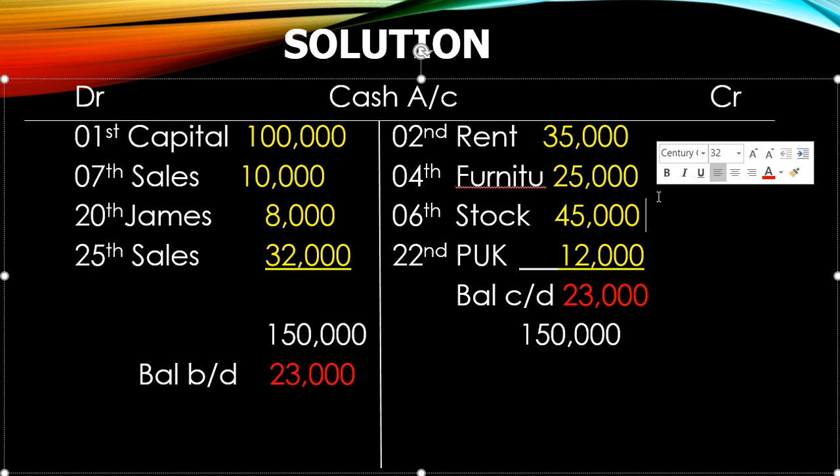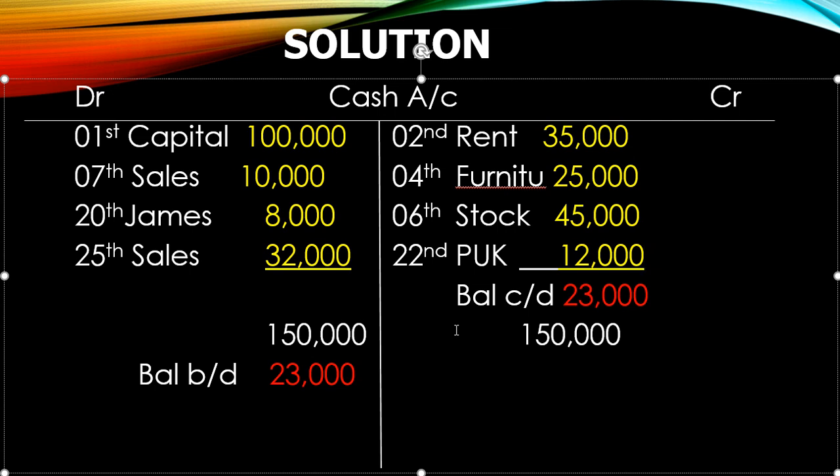I have balanced the cash account. Now, what do you do when you are extracting the trial balance from the ledger accounts? Because the trial balance by definition is a list of balances from the ledger accounts.